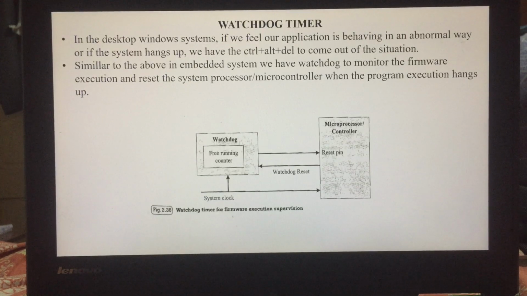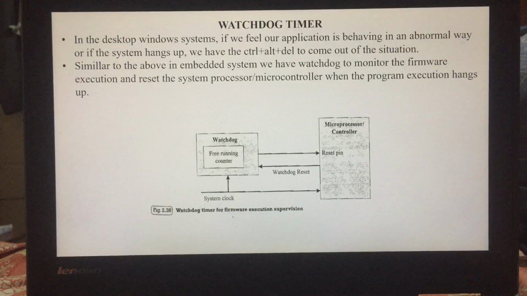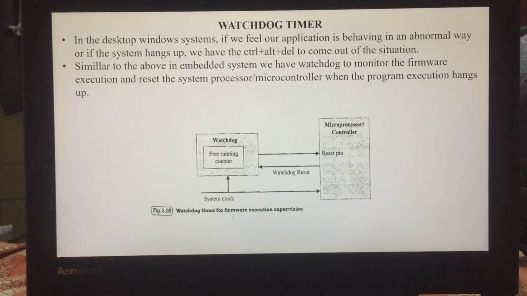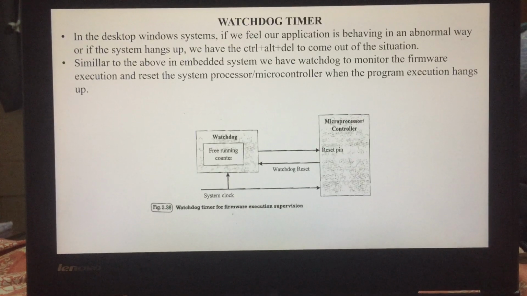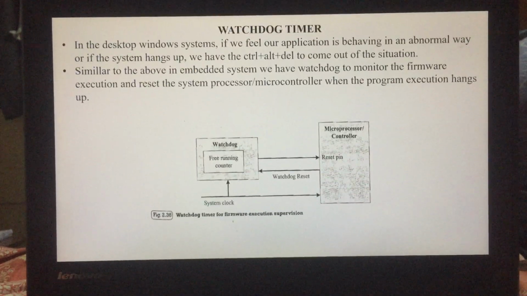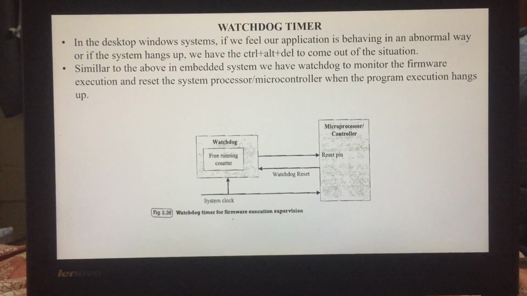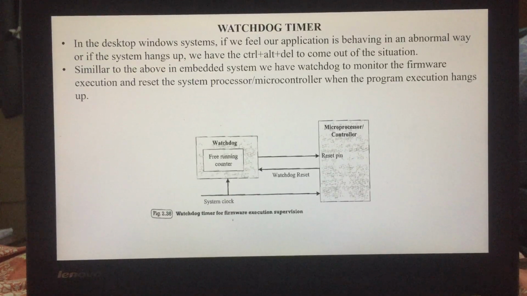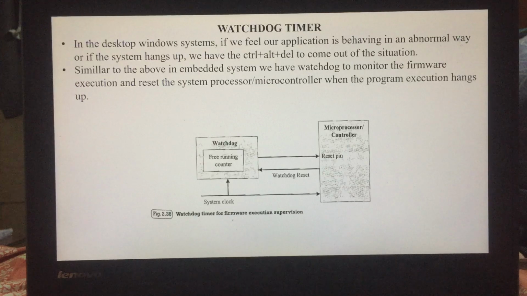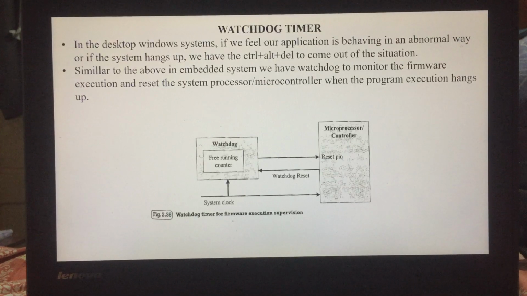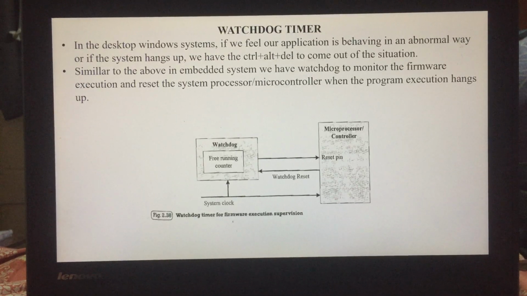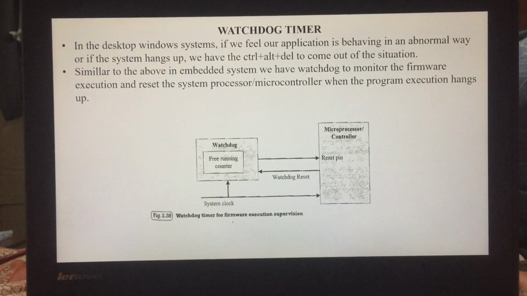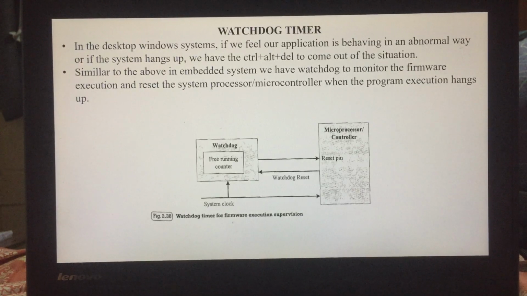In most processors, the watchdog is built in, and the processor provides a status register to control the enabling and disabling of the watchdog timer, and controls the writing of the count value to the watchdog register. If the processor or controller doesn't contain a built-in watchdog timer, an external watchdog timer IC is used.